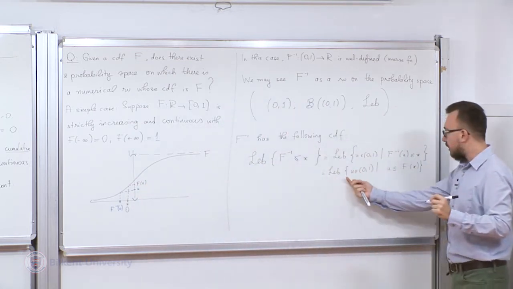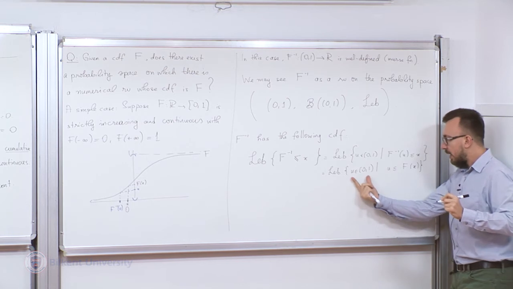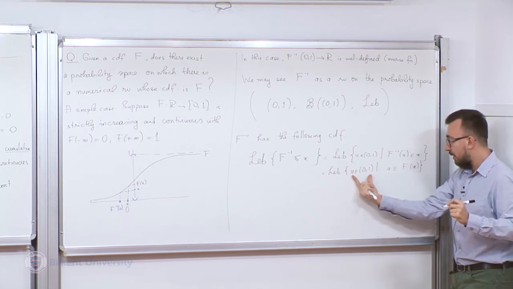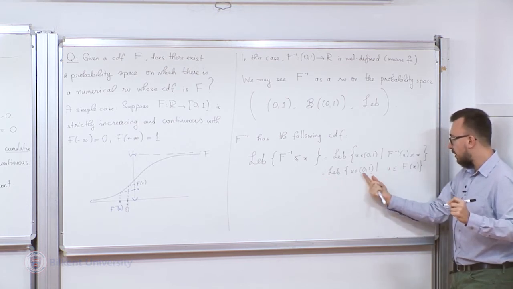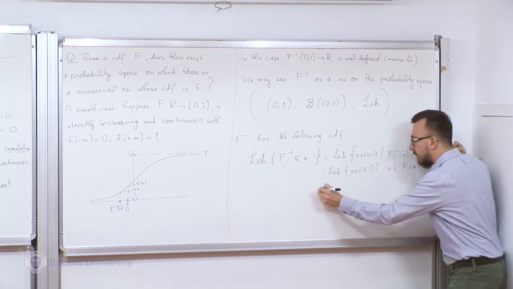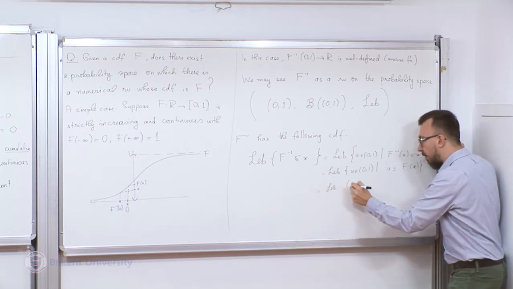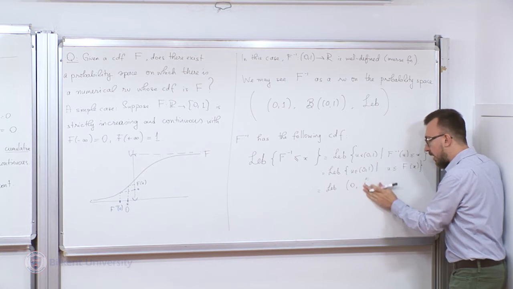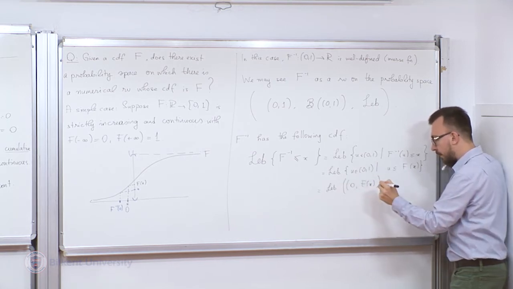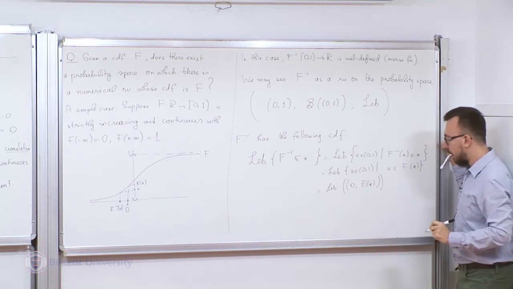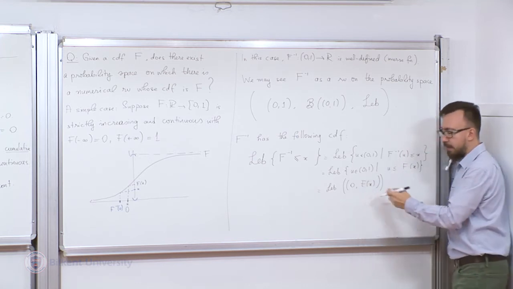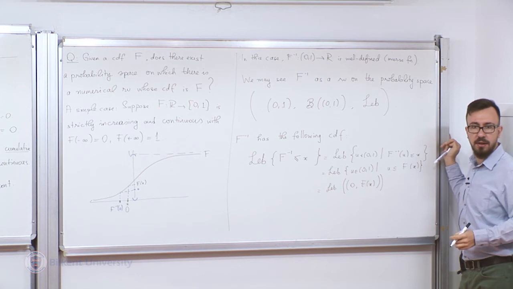So now what is this? Well, this is the Lebesgue measure of the values that are between 0 and f of x. So it is the Lebesgue measure of the interval 0 to f of x. Right? So what is the Lebesgue measure of this interval?